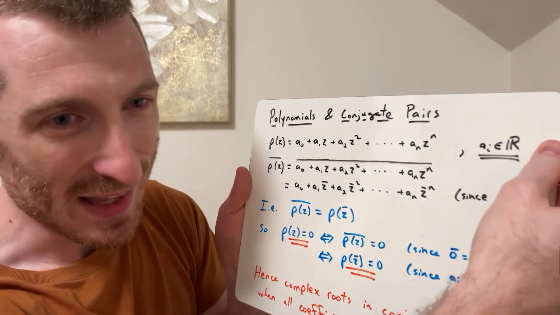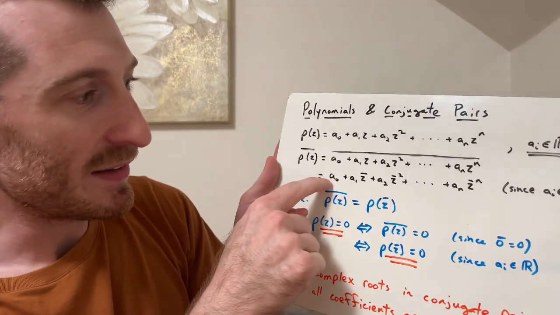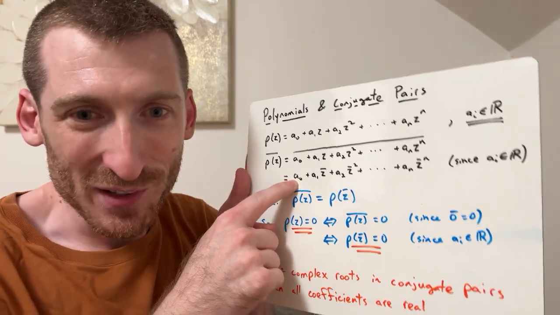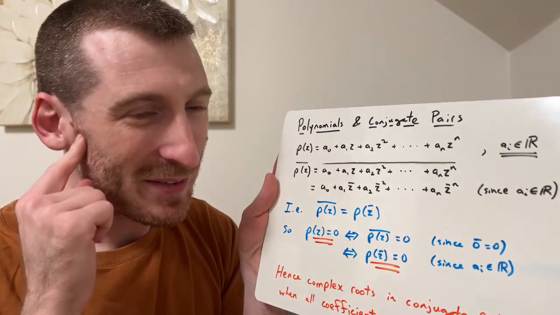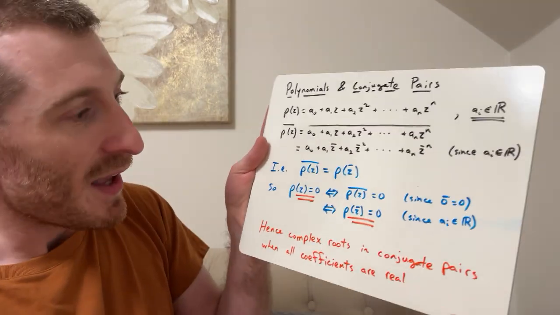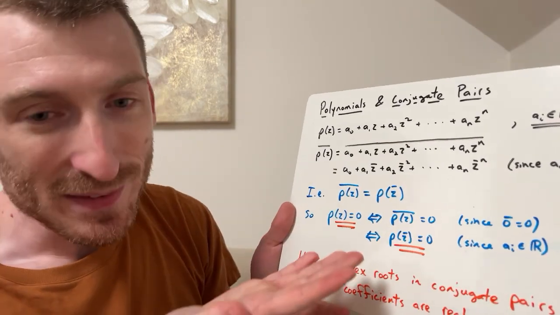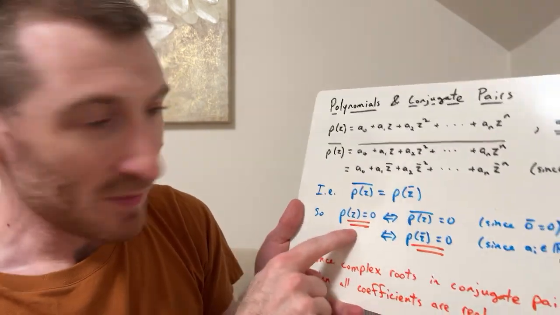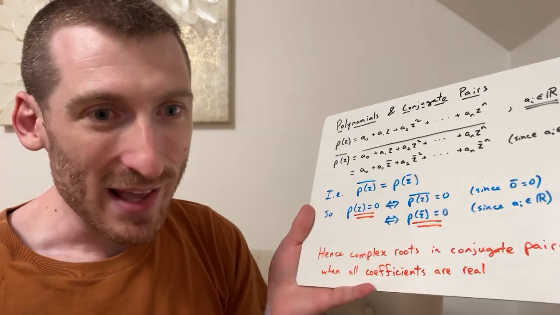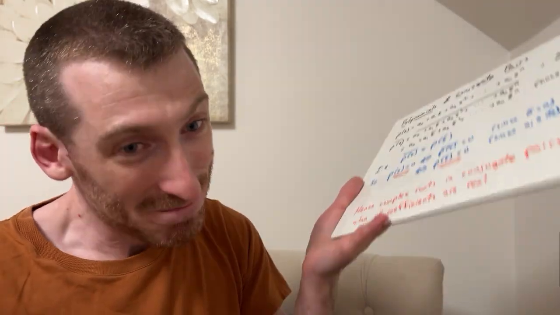I should have probably mentioned that a little more explicitly, because all of the coefficients, all the a's, well, real bar is just the same number. And again, I don't like using real, so horizontal or regular or whatever. Okay, but long story short, p of z is 0 if and only if p of z bar is 0. And that's why they always show up in conjugate pairs when the coefficients are real.